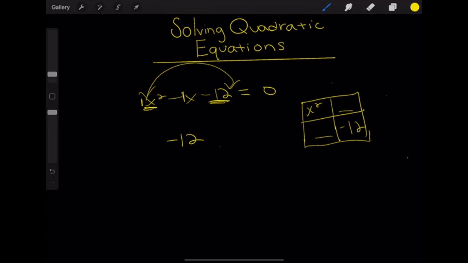So the numbers are negative 4 and 3. These multiply to negative 12, but add up to negative 1. So now you will put these, negative 4x and 3x, in these boxes.